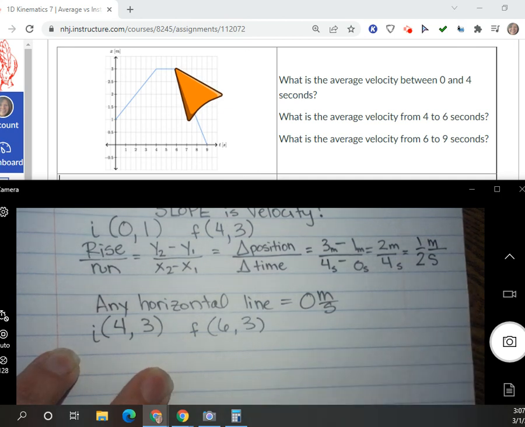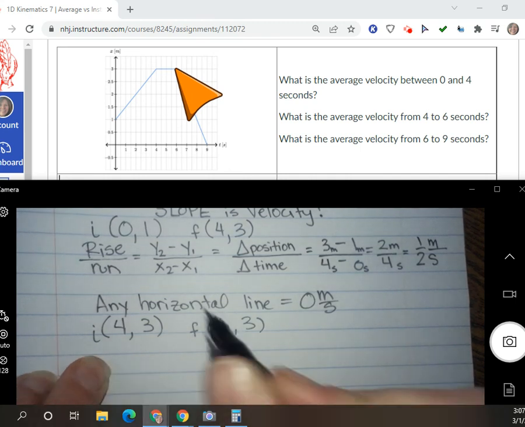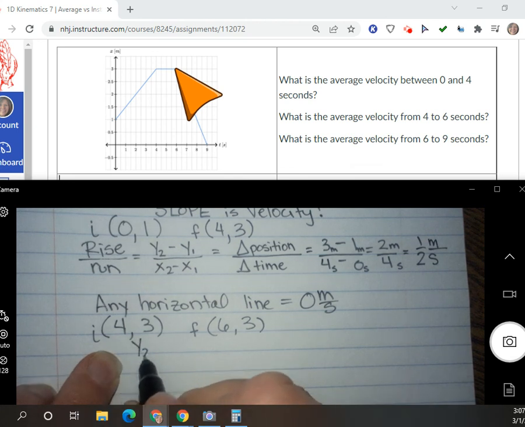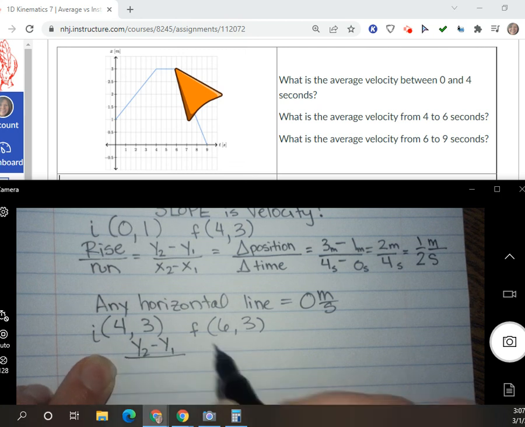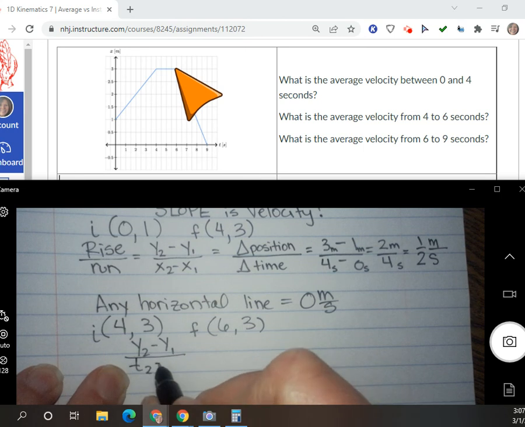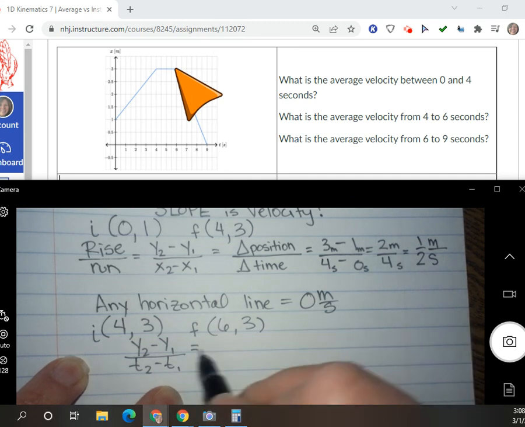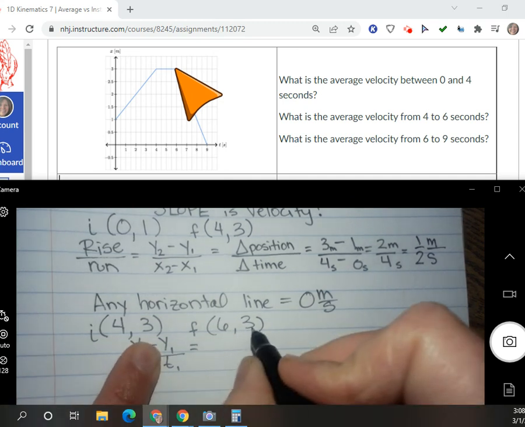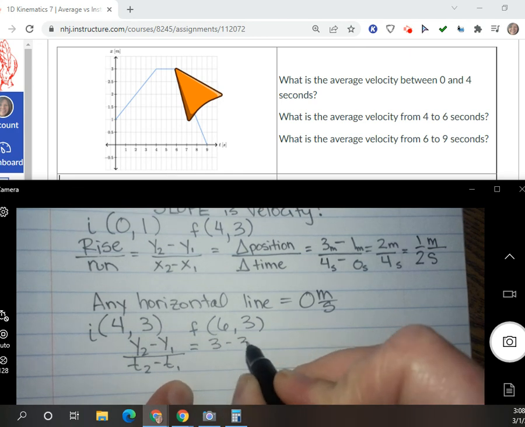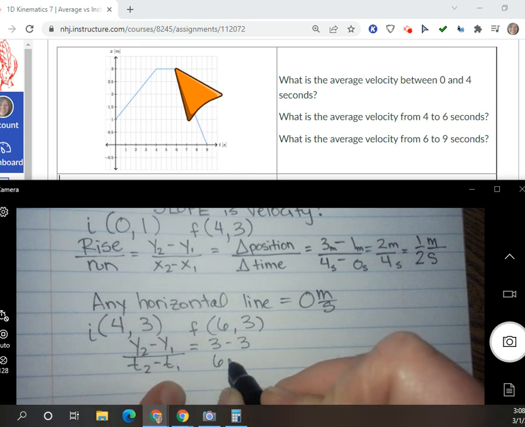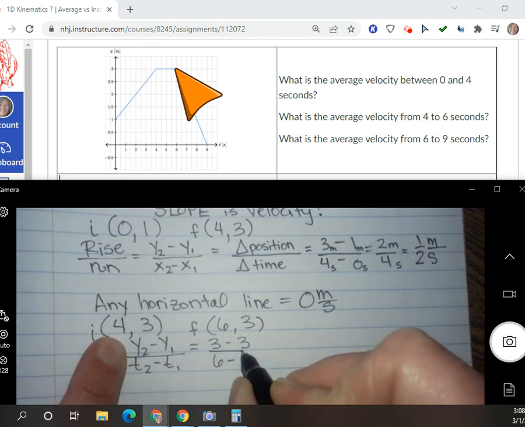So when we go through the process of finding the slope of the line that we've already done before, we're going to say y2 minus y1 over, and we could even say time 2 minus time 1, just to be a little more official. So our y is 3 minus 3, and our time, the final, 6 minus 4.